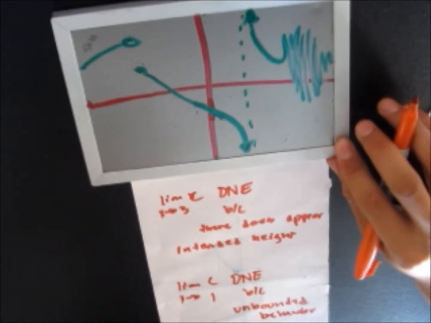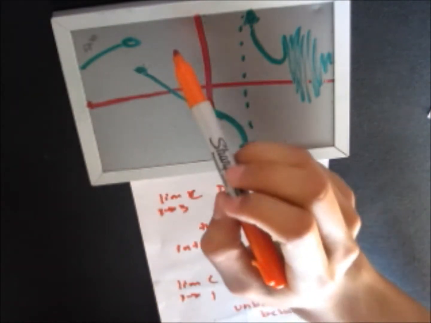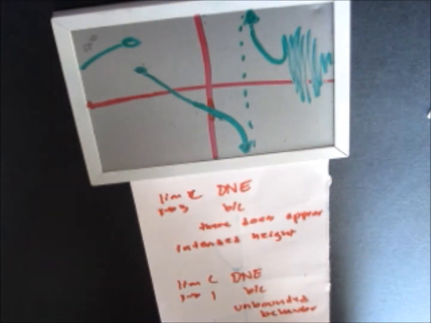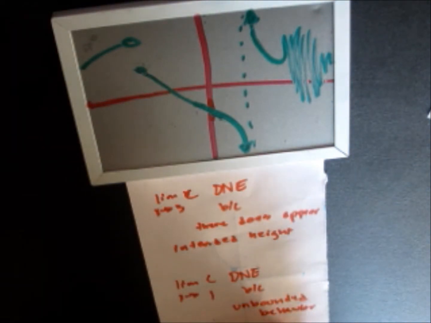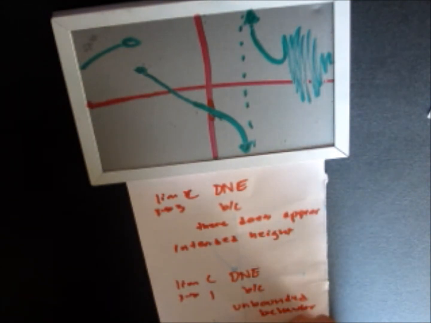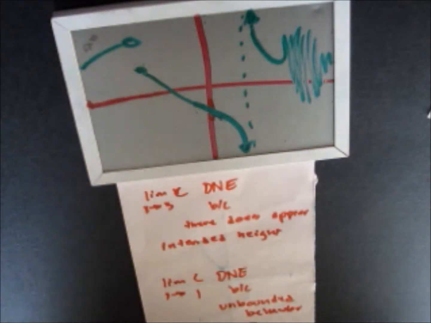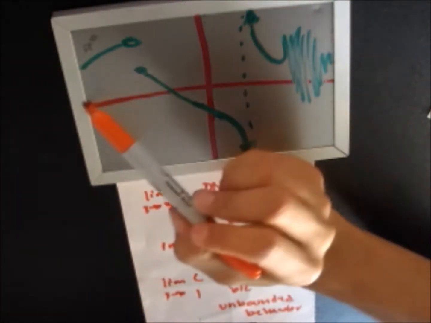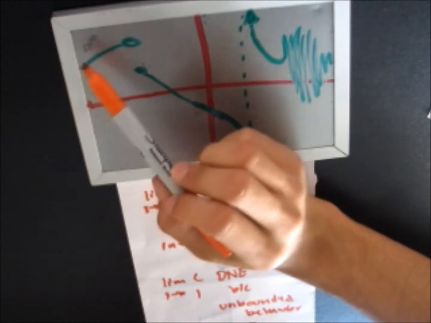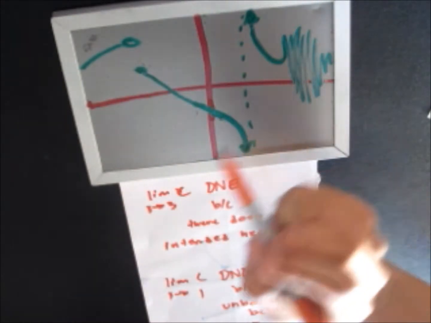And finally, as we see the jump discontinuity over here on the far left, you would write that as the limit of c as x approaches -2, we'll say, does not exist because, well, there are multiple things you could say here. For one thing, you can say that as f of x approaches -2 from the left, it is not equal to the value from the right.